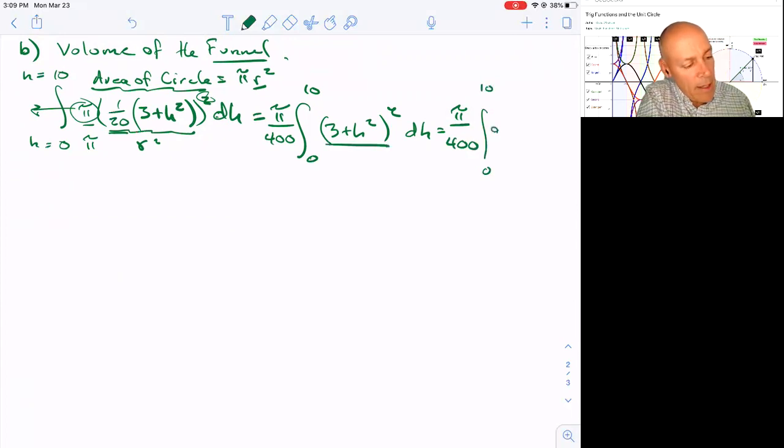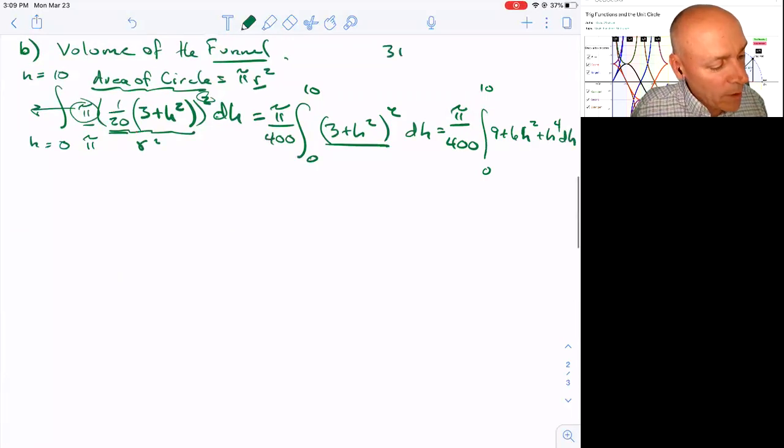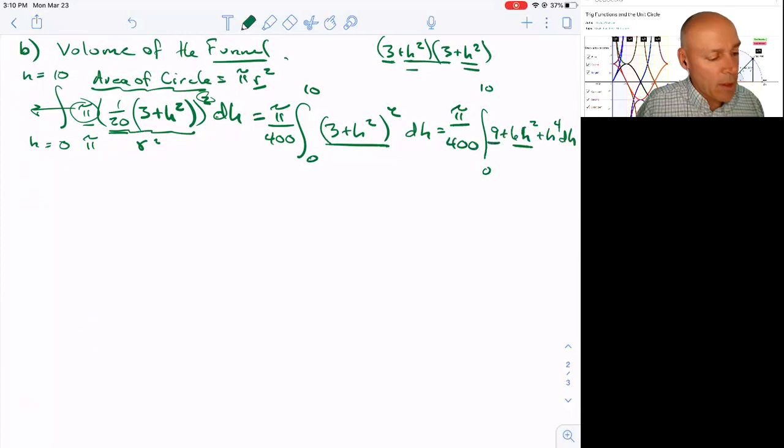So that's going to be 9 plus 6h squared plus h to the 4th dh. Make sure I did that right. 3 plus h squared. Factor that. 3 times 3 gives me 9. Outside 3h squared, 3h squared gives me 6h squared. And then h squared times h squared gives me h to the 4th dh.